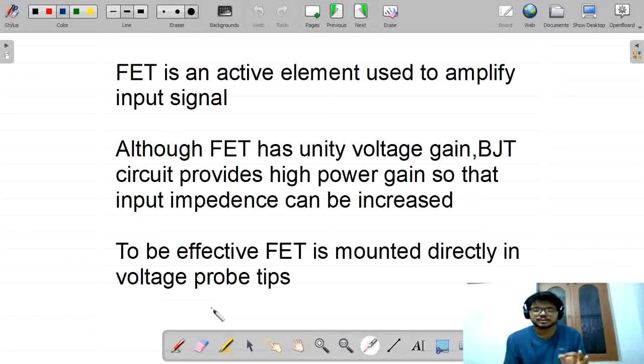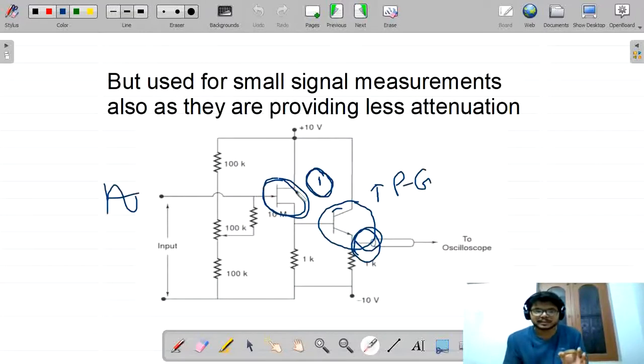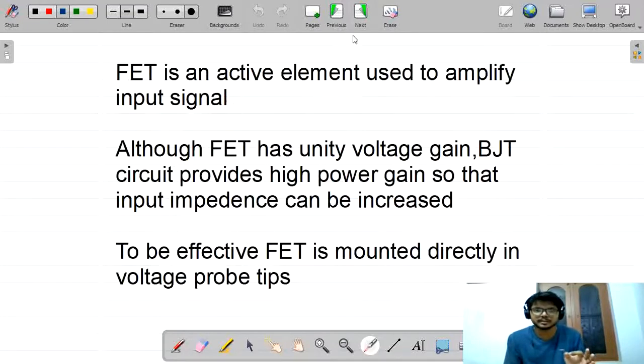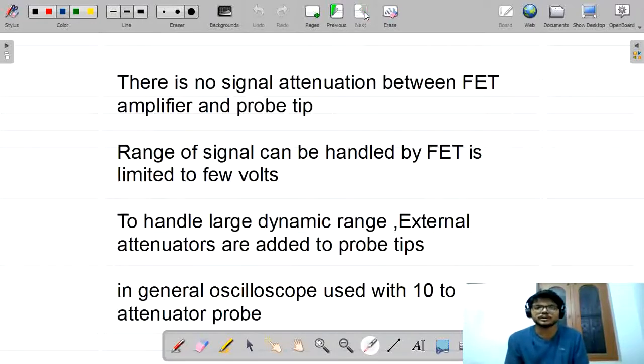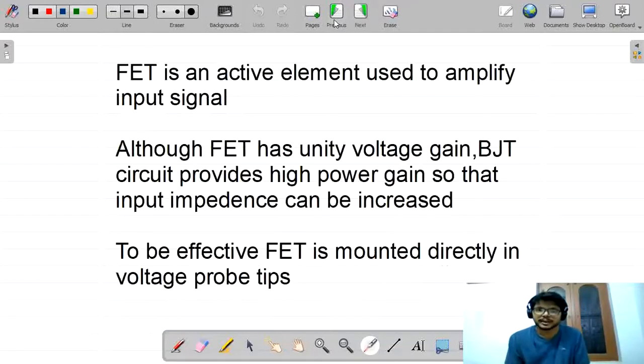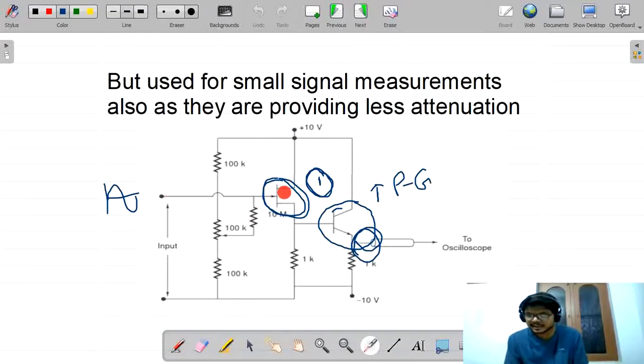Third one, we are directly connecting our FET to the input signal. To be effective, the FET is mounted directly in the voltage probe tip. Now there is no attenuation between the FET and the probe tip. Why? Because it is directly connected.